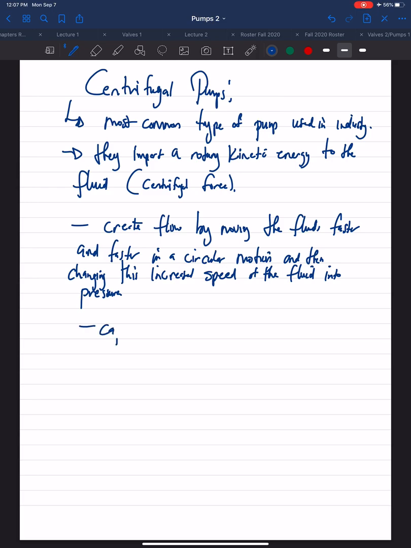They are capable of a wide range of pressures and flow rates.